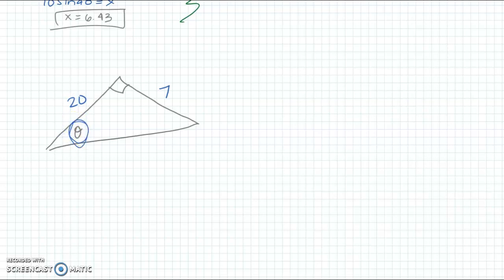So first, figure out your ratio before you do anything. 7 is the opposite side. The hypotenuse is over here because I drew this triangle in a weird direction. And then your adjacent side is the 20. So you don't have any numbers on the hypotenuse, so we're not using that. You want a trig function that deals with opposite and adjacent, so that's tangent.